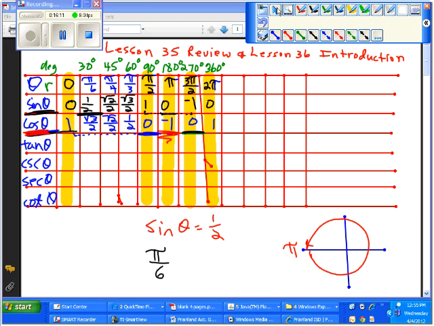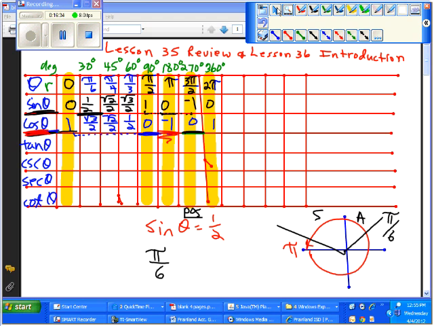But I got to think about the sign. This is positive. Where is sine positive? In quadrant 1 and 2. Now, I can be pi over 6 right here, but I could also be pi over 6 less than pi, right? Because I can be in quadrant 2.